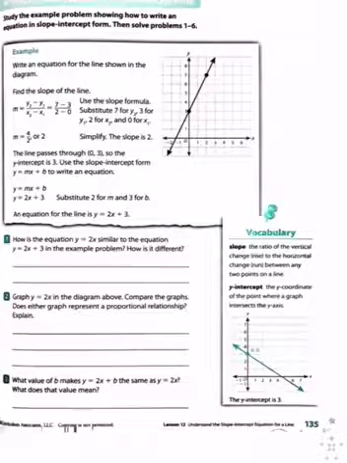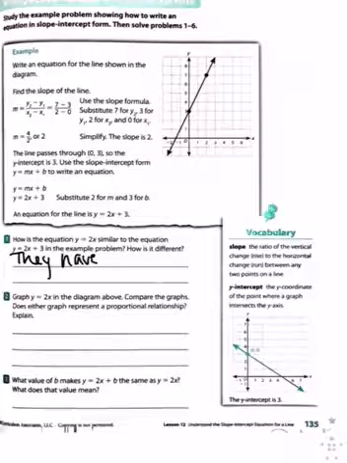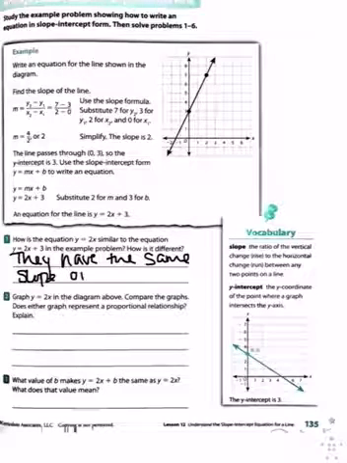Problem 1. How is the equation y equals 2x similar to the equation y equals 2x plus 3 in the example problem? How is it different? They are similar because they both have the same slope. They have the same slope of 2.